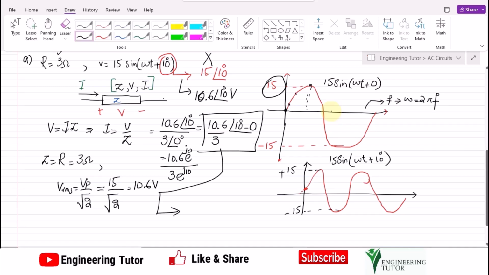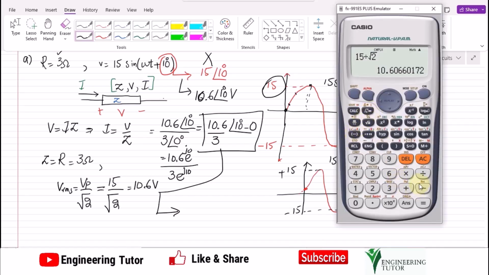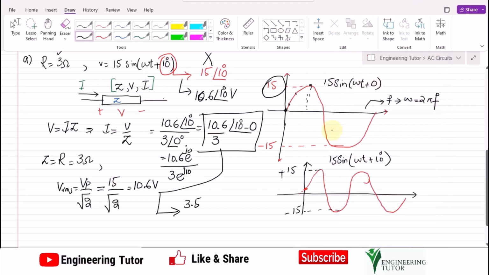So in order to calculate these things, what will happen? 10.6 divided by 3 is now 3.53, and the angle associated with it is 10 degrees, and that is in amperes.